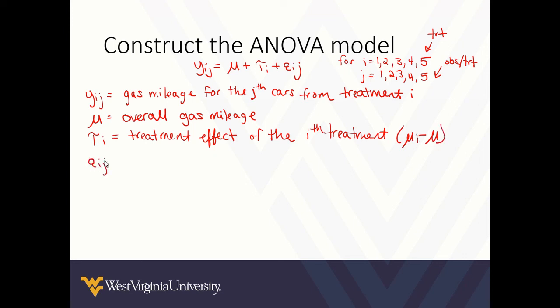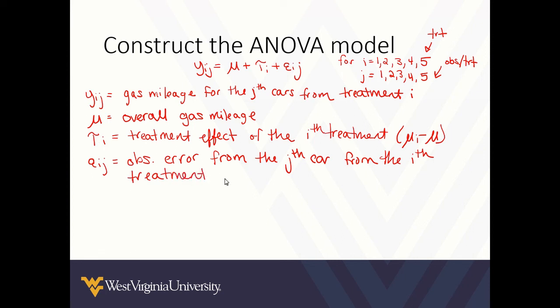And then epsilon ij is our observation error from the jth car from the ith treatment, where our errors are independent and normally distributed, following the normal distribution with mean 0 and sigma squared for our variance.